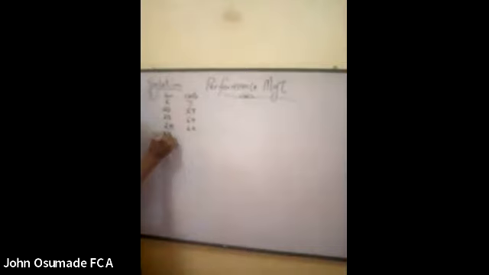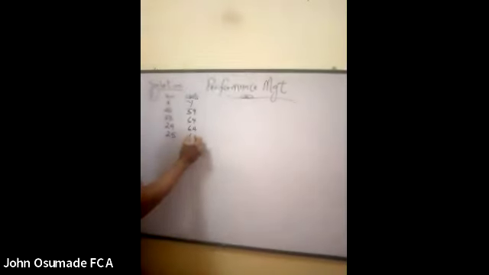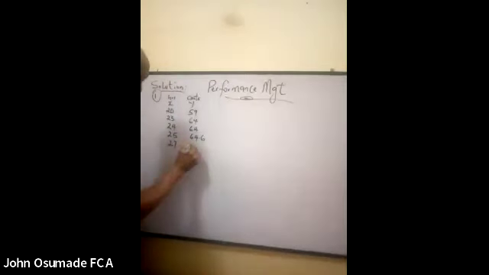Then 25 has 6,460. Then I have 27, 2,700, and that is 6,600.